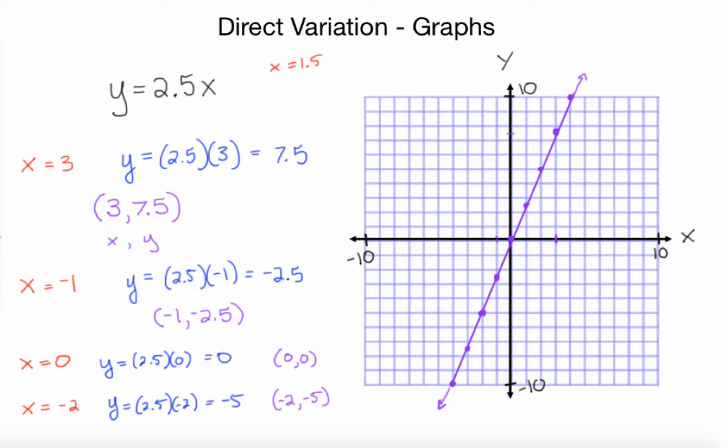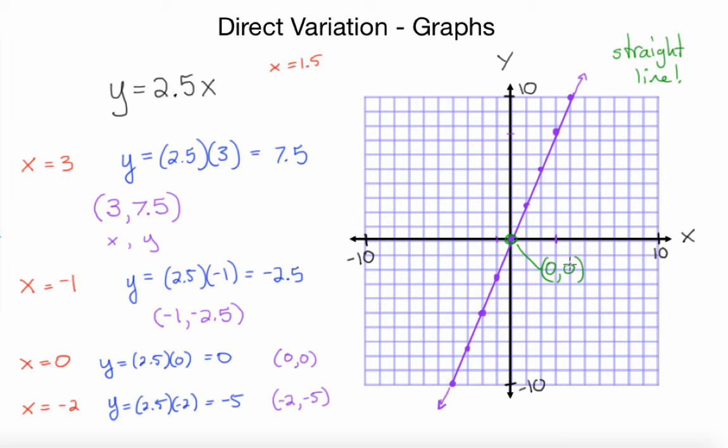A couple things to point out. It's a nice straight line. So all graphs have to be a straight line. That's important. If you graph it and it's not a straight line, then it's not direct variation. The other thing is we have the point 0, 0.